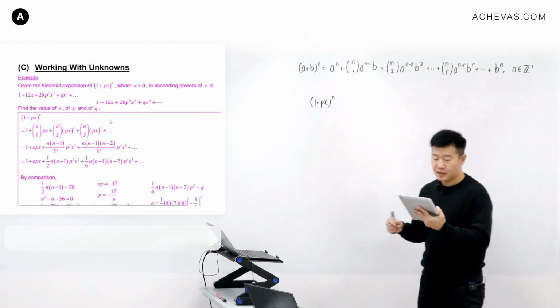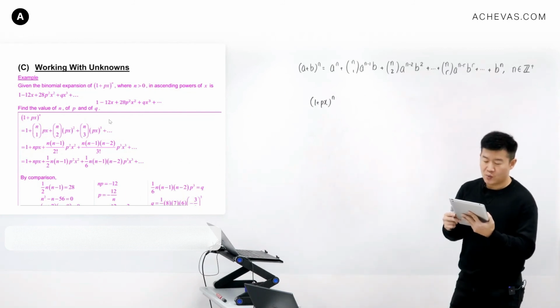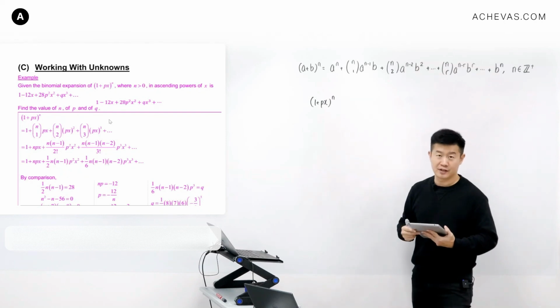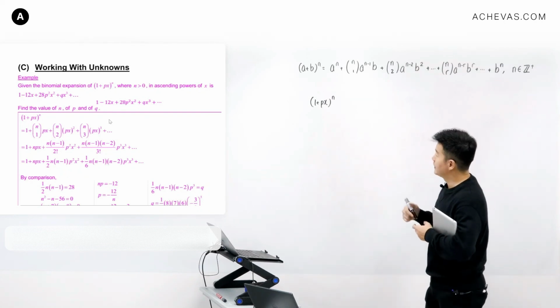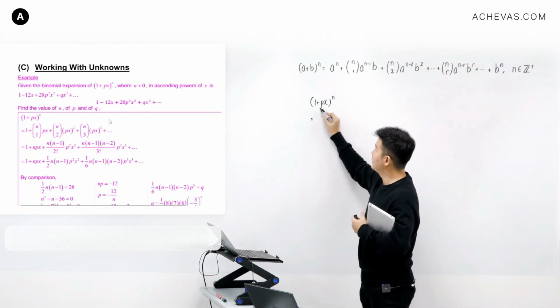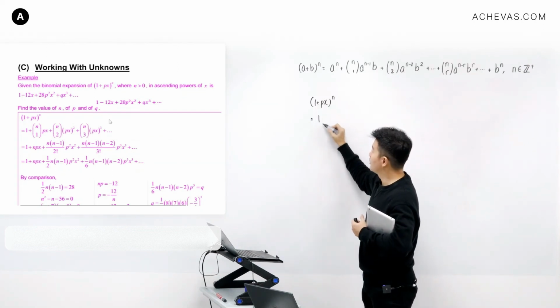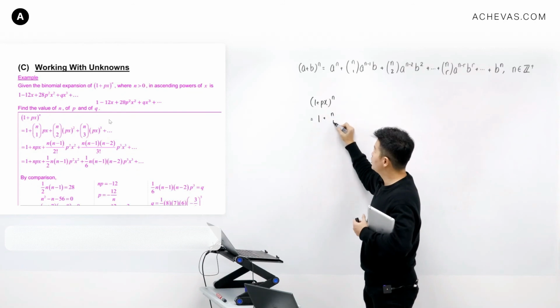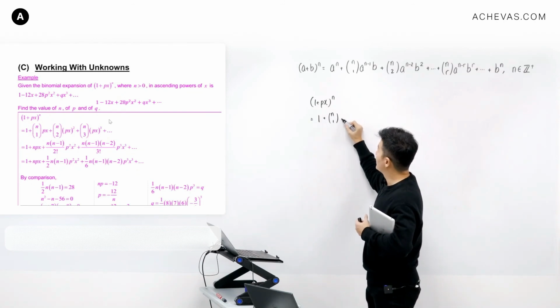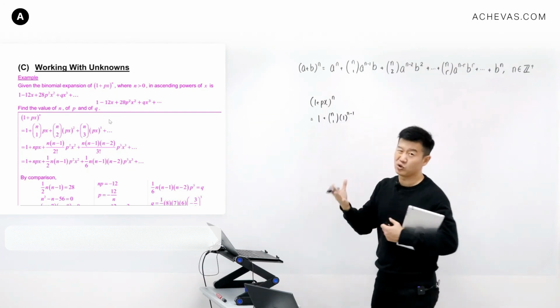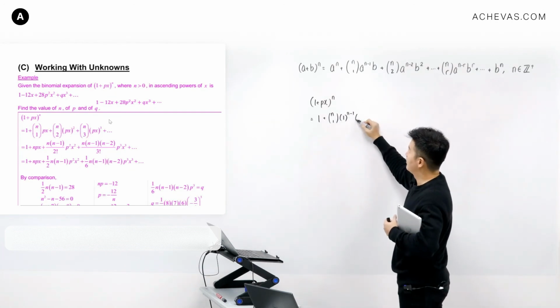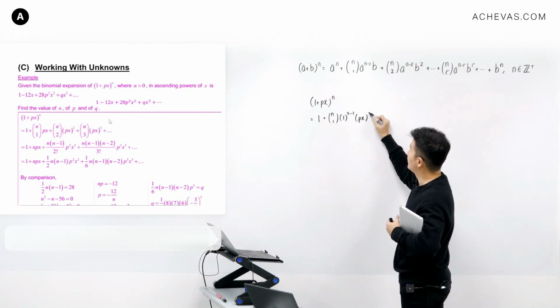To do this, let's try to expand this. If I were to expand this, it is going to be 1 to the power of n, which is still equal to 1, plus n choose 1, then we have 1 to the power of n minus 1, which is still equal to 1, then we have px to the power of 1.